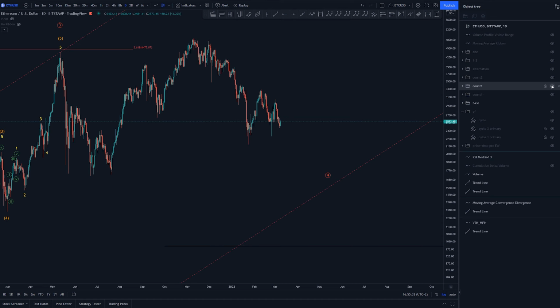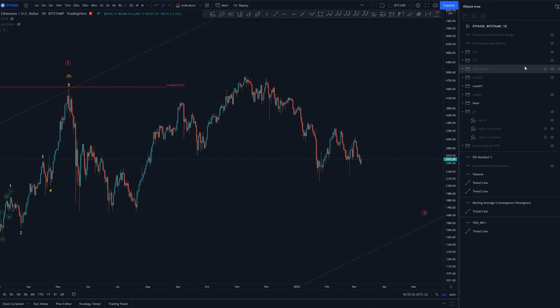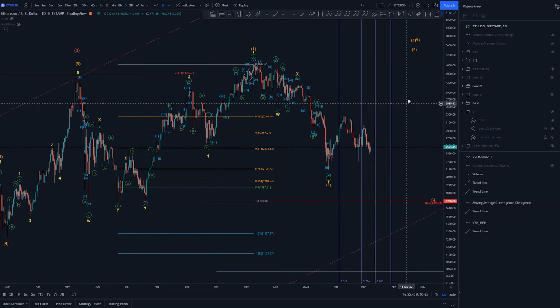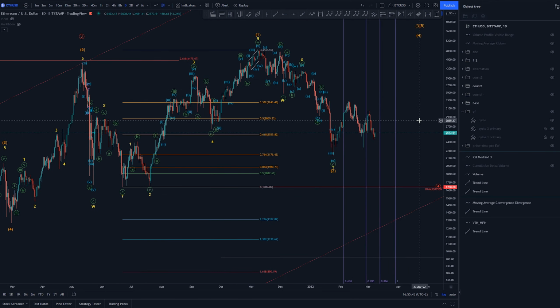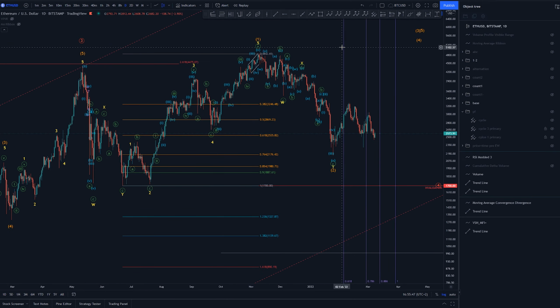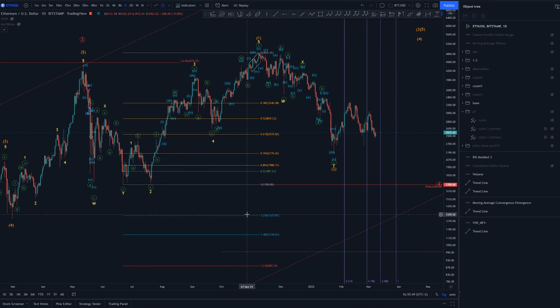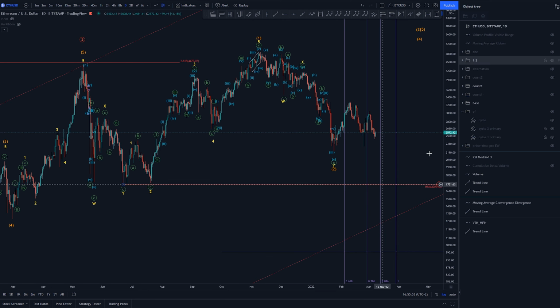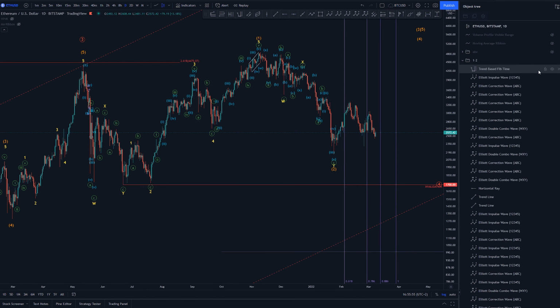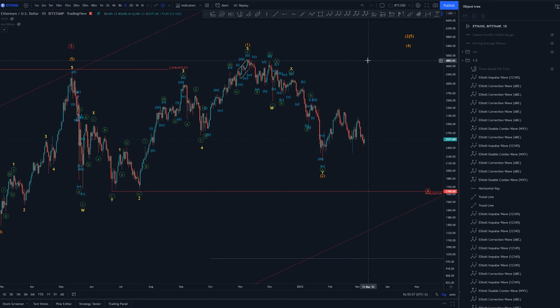Now I got some lower time frame counts for this correction, and I think we can start with the bullish one right here. Let me delete some of this, and I can actually hide the time for now as well.